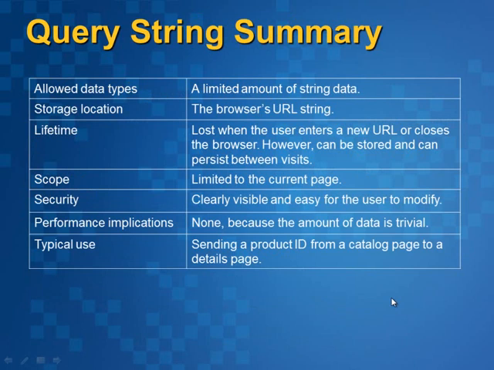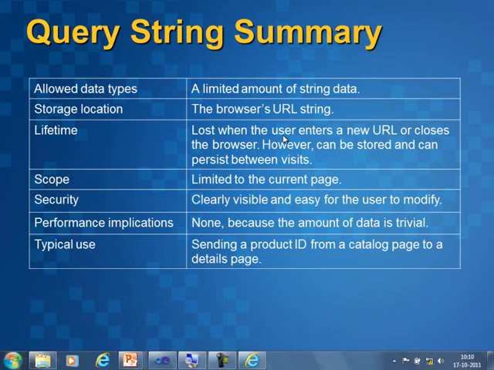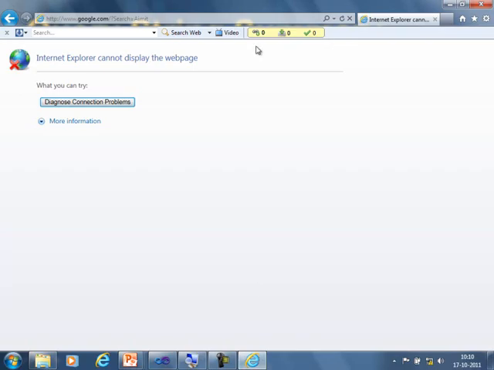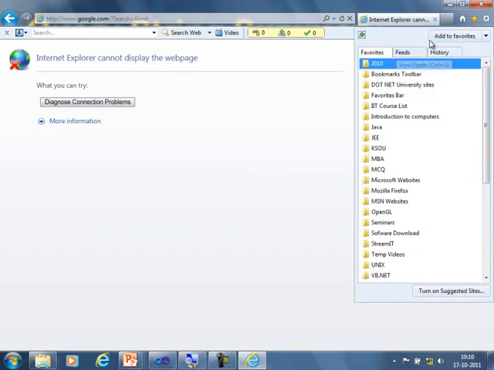Okay. Finally, to sum up the content, when we have the query string, it is limited to a string. The bad part is it is lost if the user directly enters the value or deletes it. However, it can be stored by the user. What is the meaning of saying it can be stored by the user? Now, you know very well when you visit a website, and if you feel that's a good site, what you usually do is add it to your favorites.